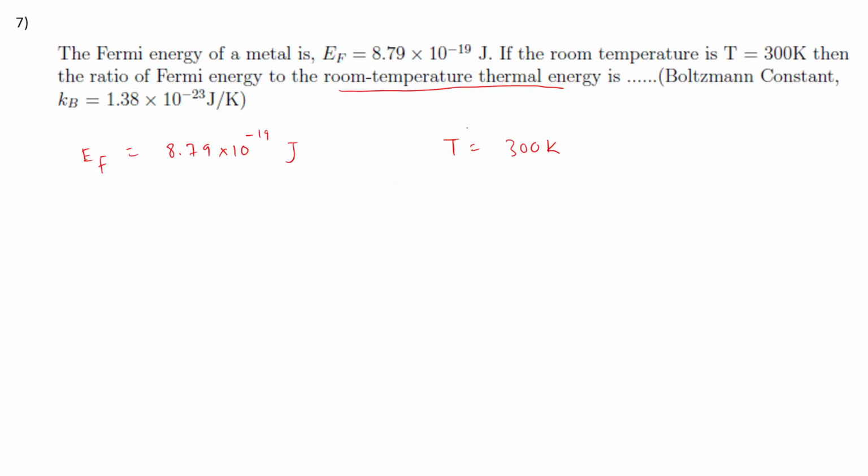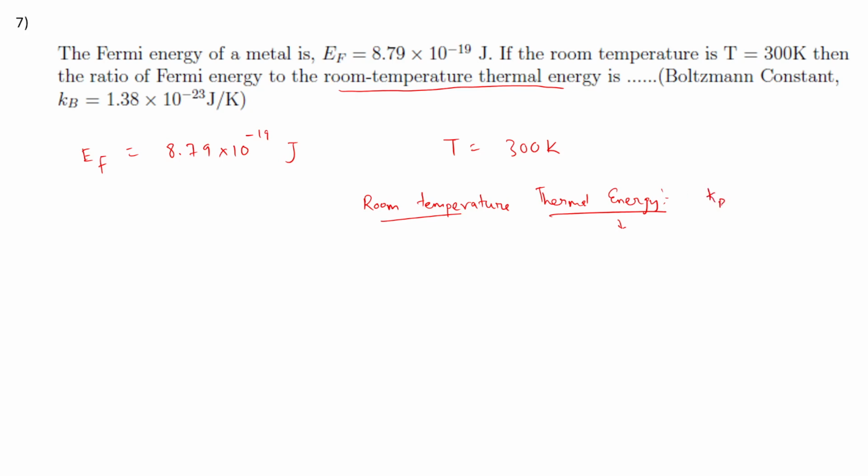So we want to calculate the room temperature thermal energy. The thermal energy is the energy by virtue of the temperature, and here it is asking at room temperature, which is given as 300 Kelvin.